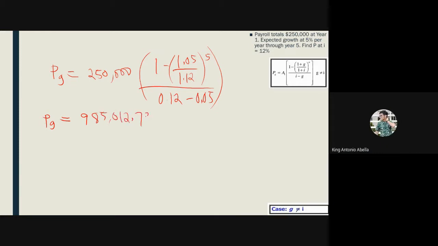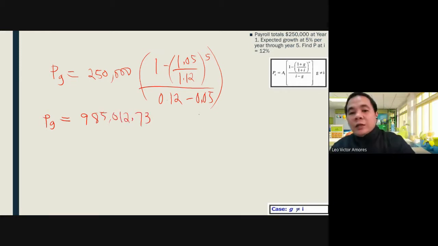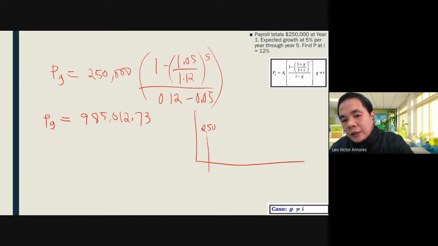If we do a cash flow analysis, at year 1 it is 250, and at year 2 this is 250 times 1.05, right? Year 3 and so on.